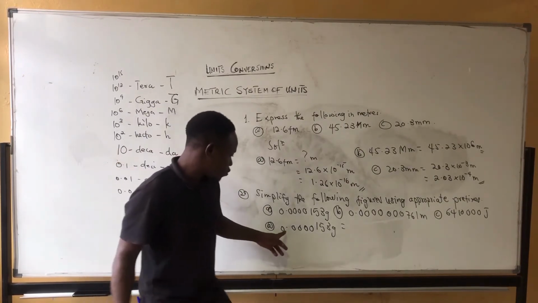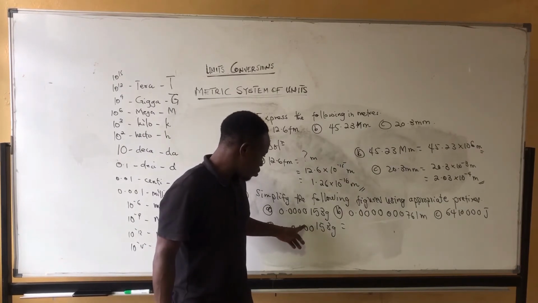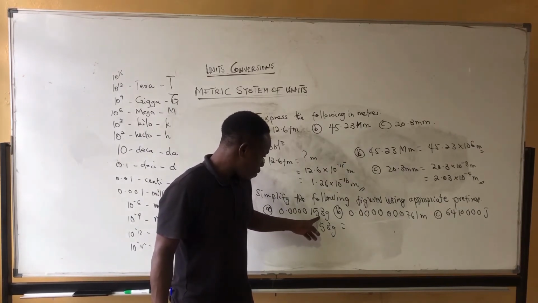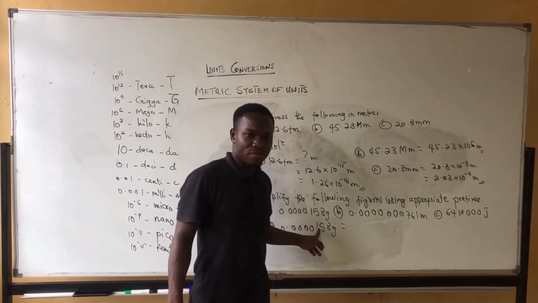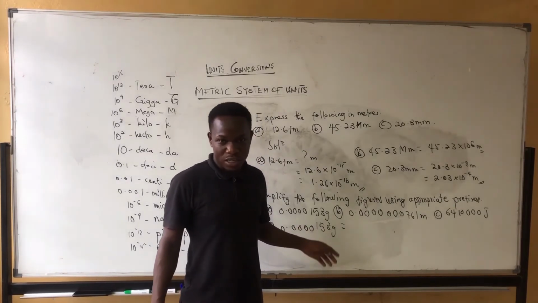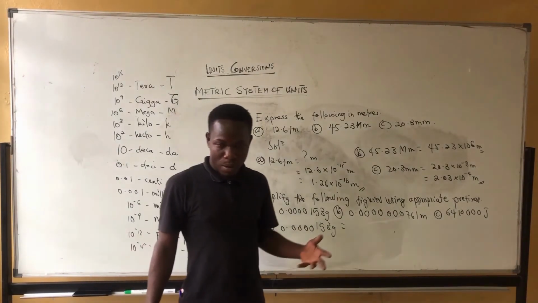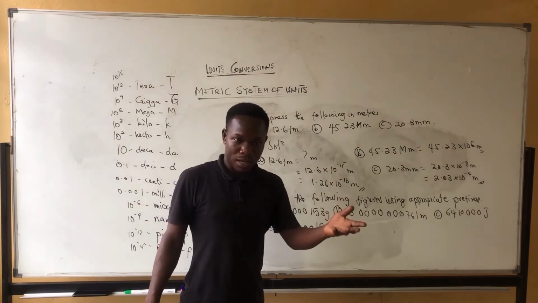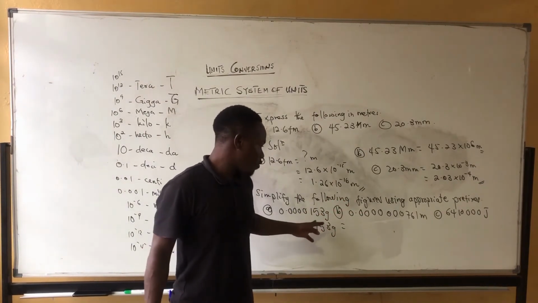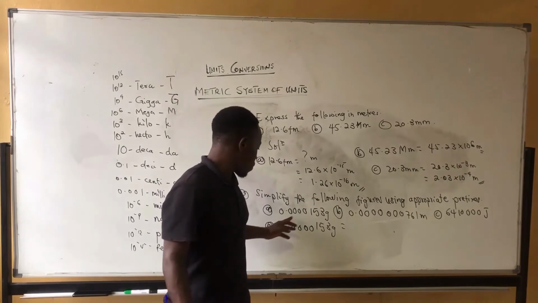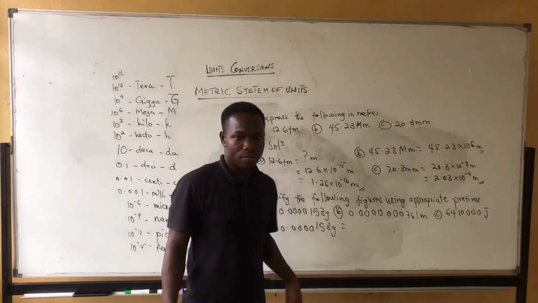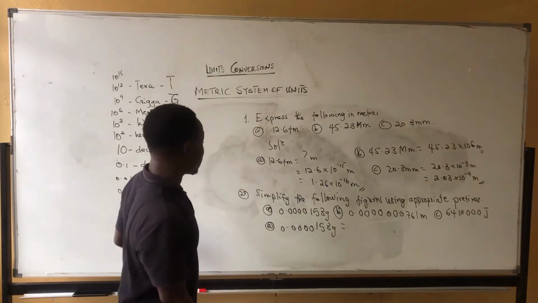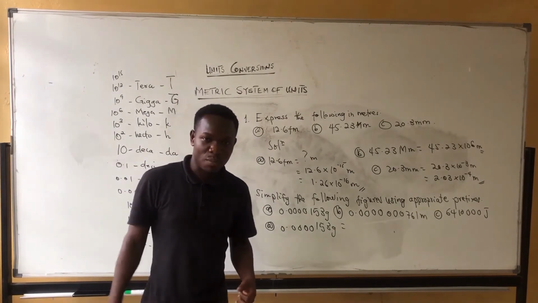If I move the decimal point, 1, 2, 3, 4, 5, I try to use 5. That will be 10 to the power negative 5 because I've moved it 5 times. So I will need a prefix whose numerical value is 10 to the power negative 5.